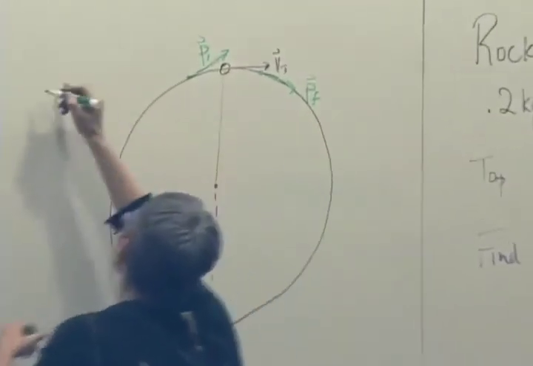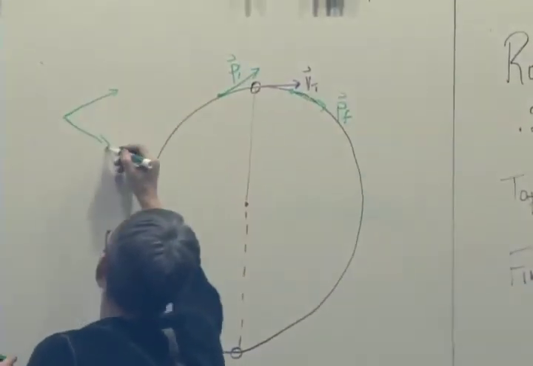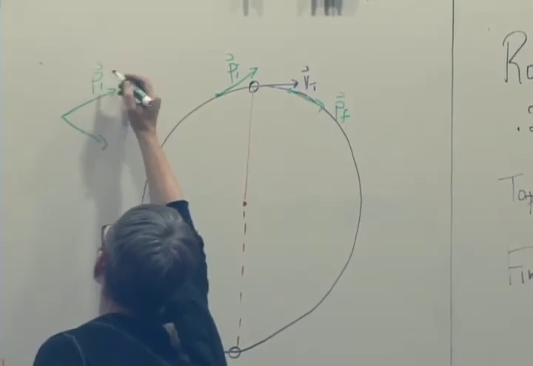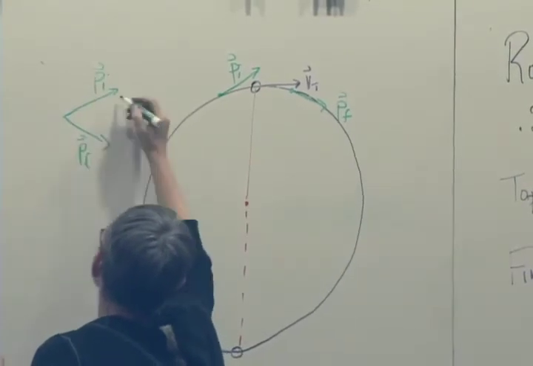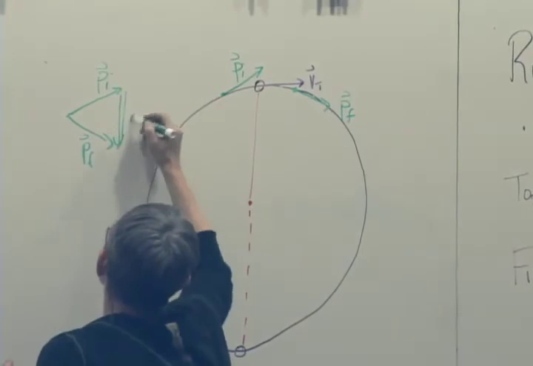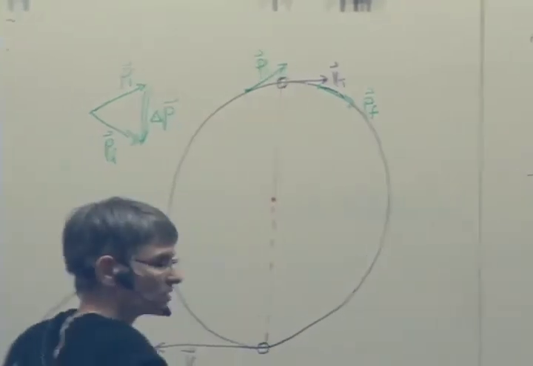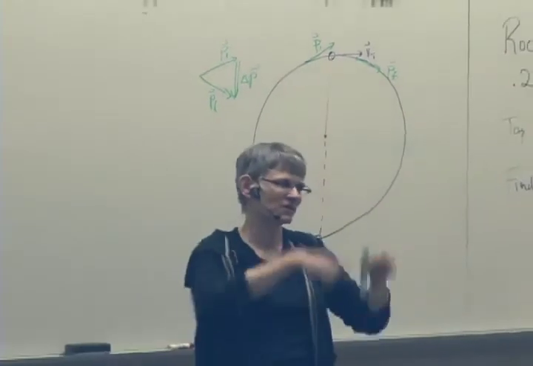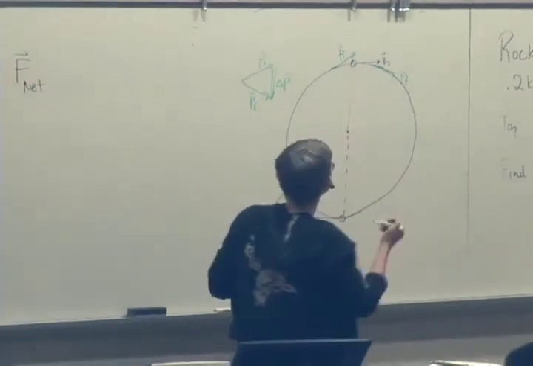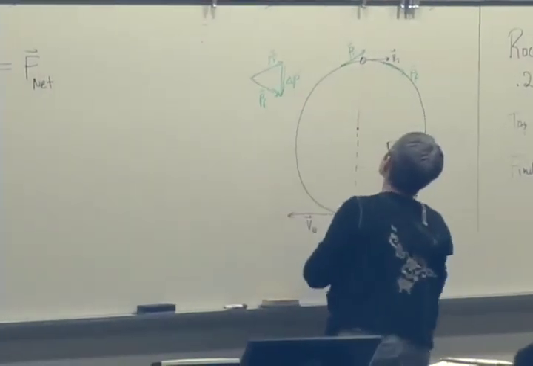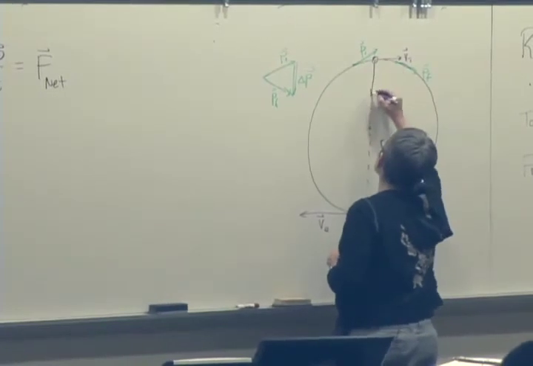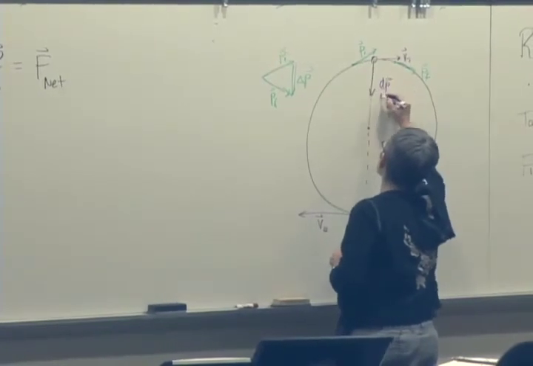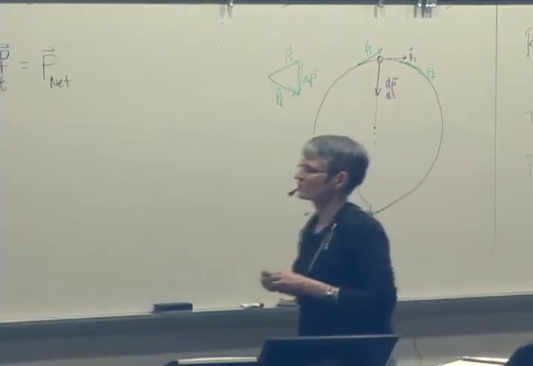And so we have p initial, p final, delta p. So it looks like dp/dt is down, and that makes sense because dp/dt points toward the center of the osculating circle, right? So it would make sense to have dp/dt down on your diagram here.